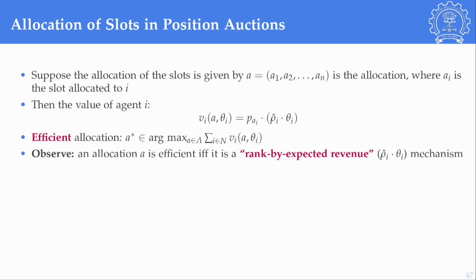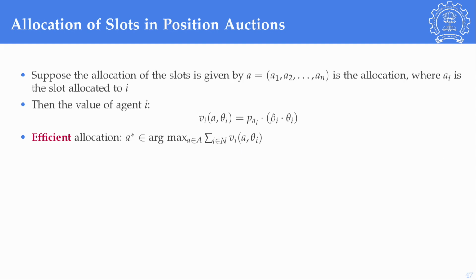So for instance, suppose they have reported theta i's, or the Bi's. I'll have to maximize the sum of these valuations, assuming that theta i's are replaced with these Bi's. They have reported their Bi's. How should this A star look like? The allocation of the ads.